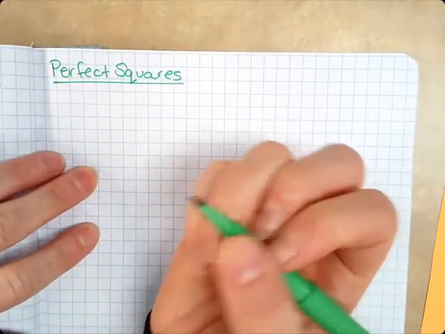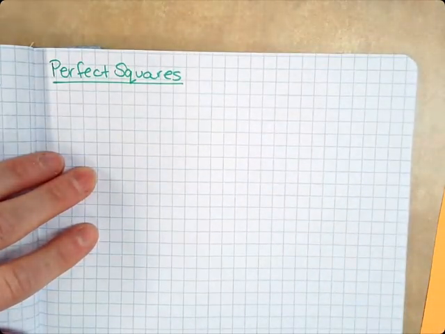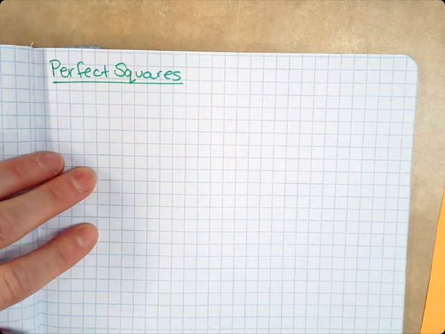Perfect squares are whenever you take any whole number and square it, and the result is your perfect square.